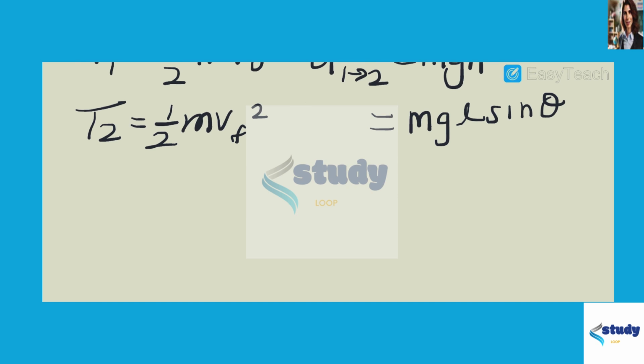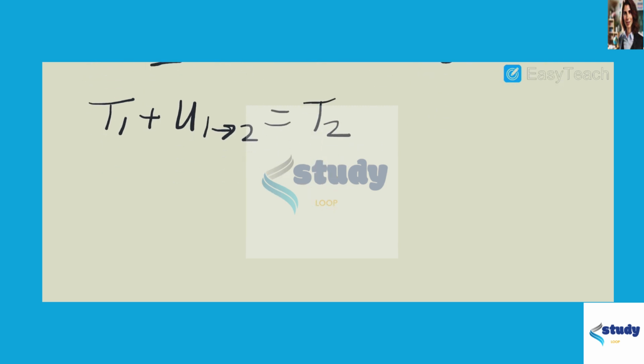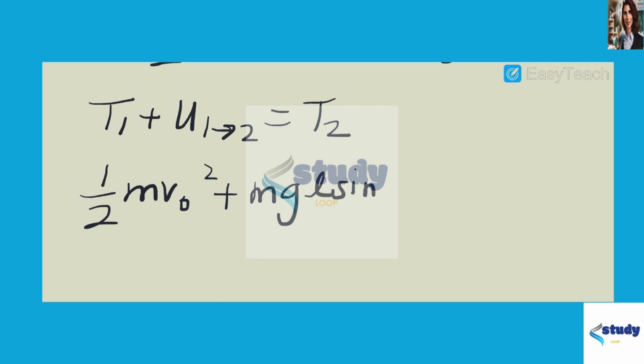So moving forward, looking at our energy equation relating kinetic energy and work, we know that T1 plus U from 1 to 2 is equal to T2. So T1 is 1/2 m v naught squared plus U12, which remember is mgL sine theta, is going to be equal to 1/2 m v final squared.